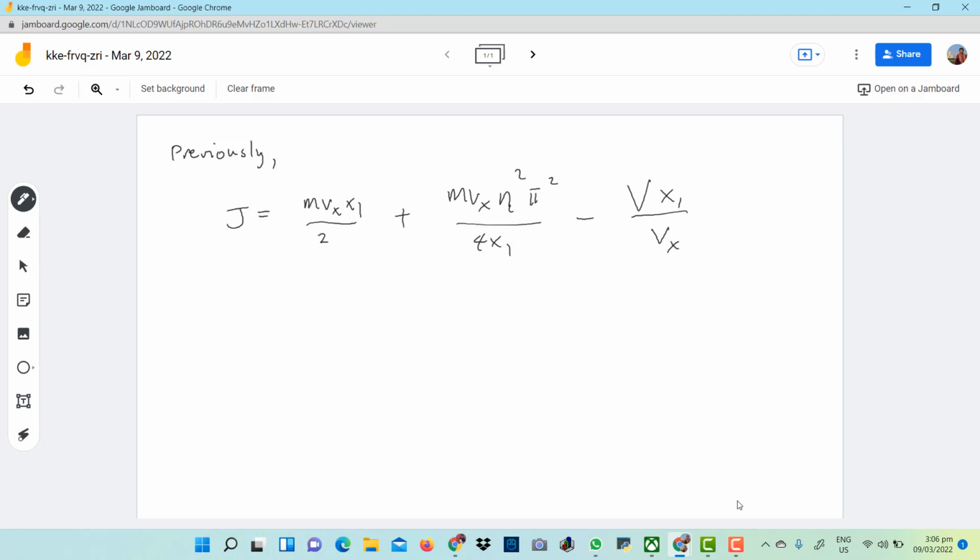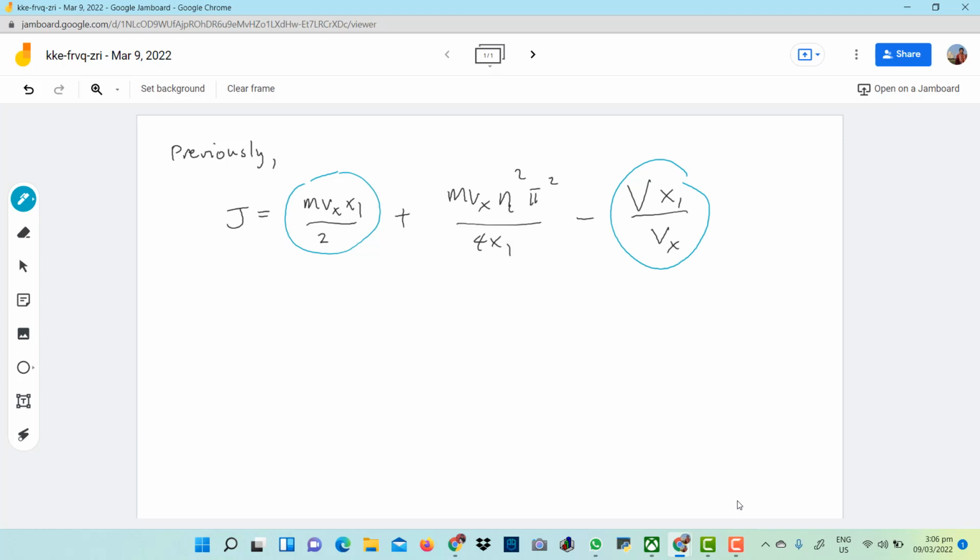So na-integrate na ito, no? J, take note, is an integral of the Lagrangian dt. And the resulting integral has these three terms, okay? As you can see here, the first term is not a function of eta, and the third term is also not a function of eta.